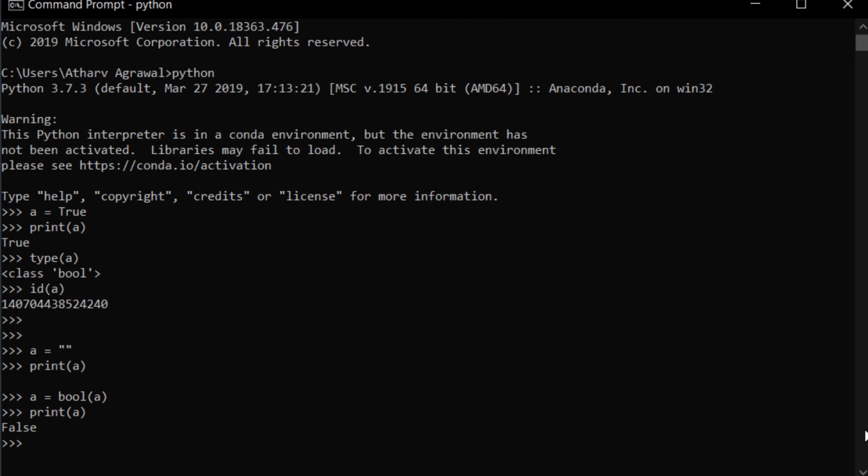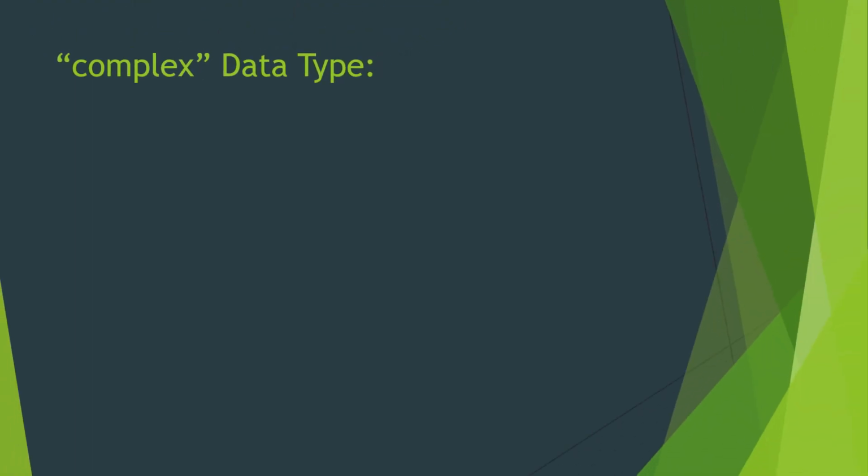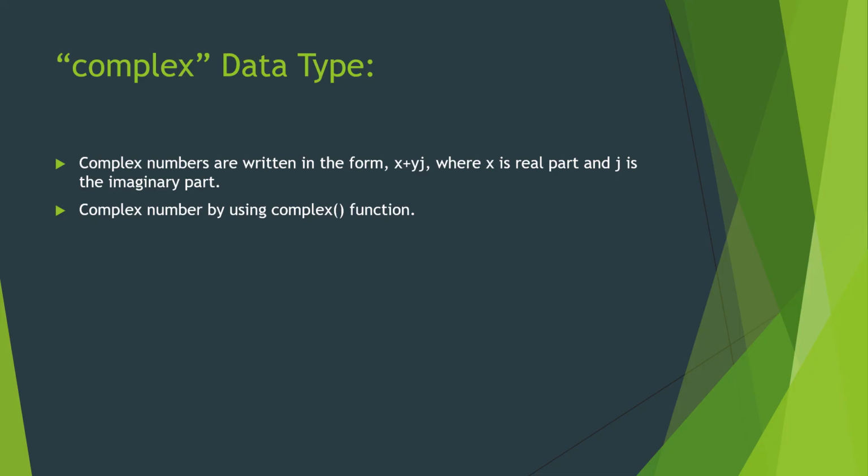Now let's look at the complex data type in Python. Complex numbers are of the form x plus yj, where x is the real part and j marks the imaginary part. We can also write a complex number by using the complex function. Now we are going to look at some examples. First we will open our command prompt.